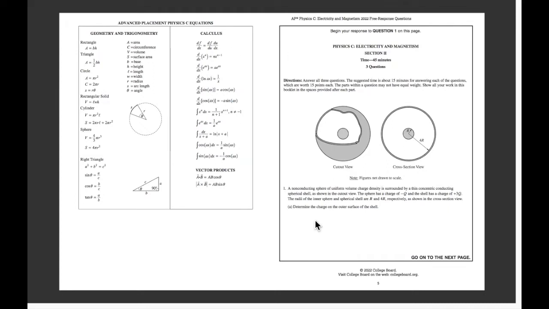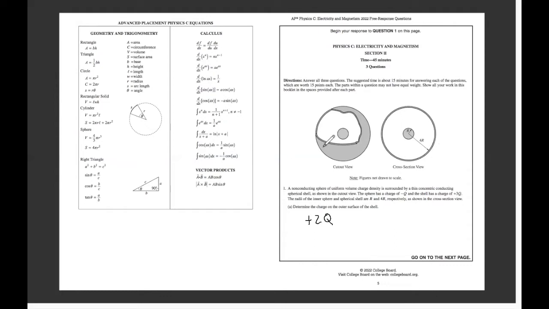Thinking about that, I can actually go ahead and say that that charge is going to be equal to plus 2Q. The reason I can say that is because of Gauss's law. That thin shell is going to have zero electric field in electrostatic equilibrium.